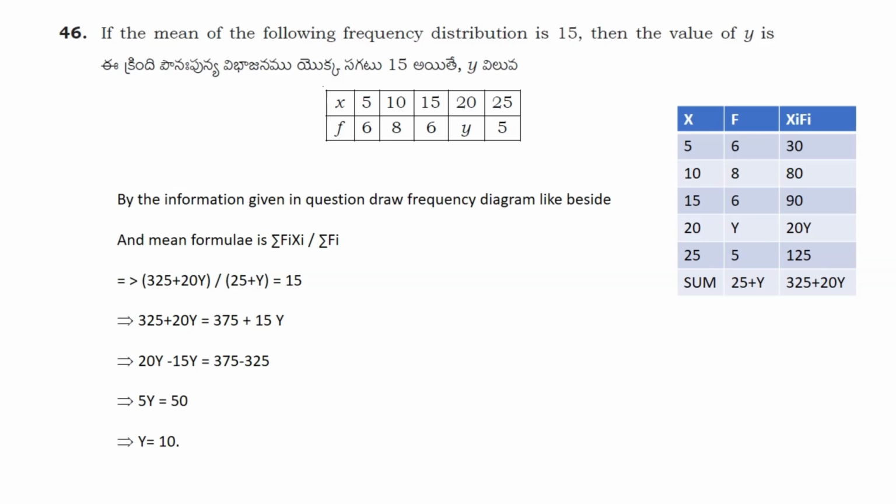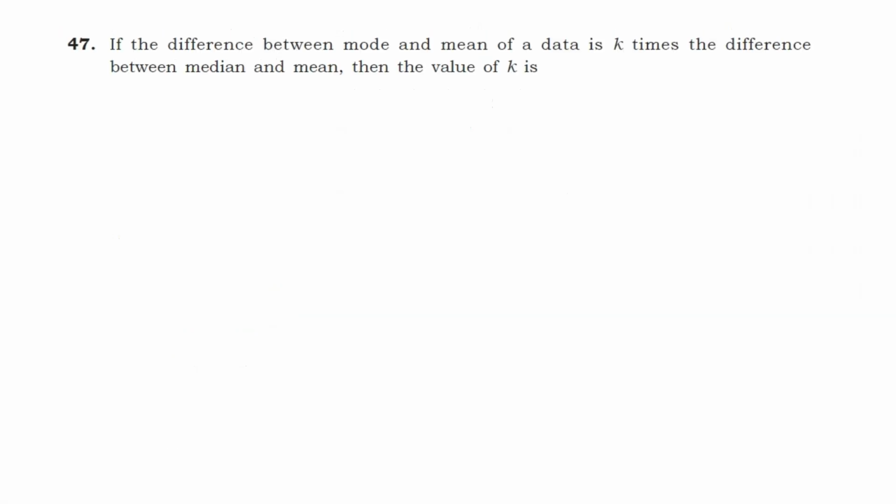The formula for mean is sum of frequency into the values, by sum of frequency. By substituting the values, you can get the y value as 10, right?